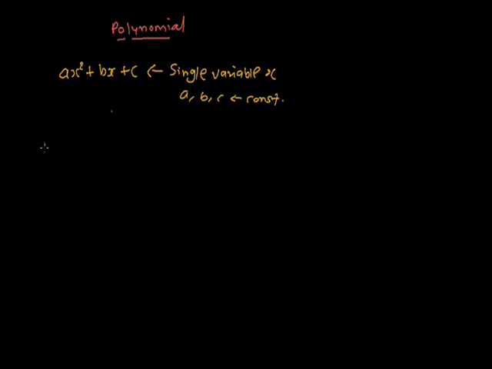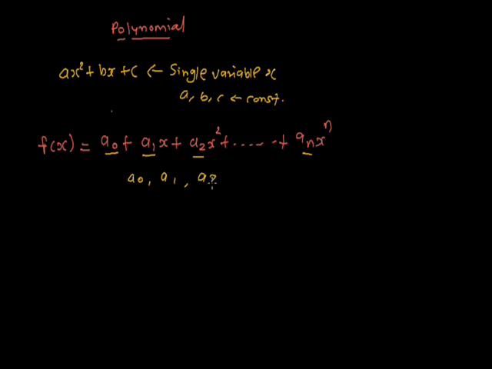A polynomial can be expressed in the form of one variable, f of x is equal to a0 plus a1 x plus a2 x raised to power 2 plus and so on, and the last term becomes an x raised to power n. Here we can see a number of constants, a0, a1, a2 up to an. These constants are real numbers, meaning they may be positive, negative, rational or any irrational form.